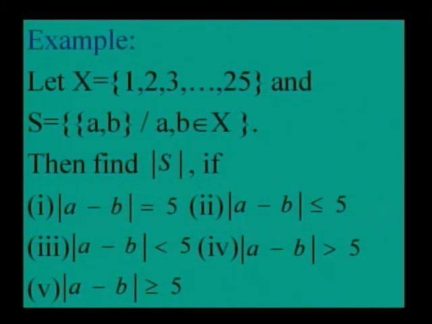That set is given, and the new set S is defined as the set of all pairs of elements a comma b. Remember, it is written in the form of sets. First, let me write down the problem from the slide. X is 1 to 25. S is equal to the set of all unordered pairs.